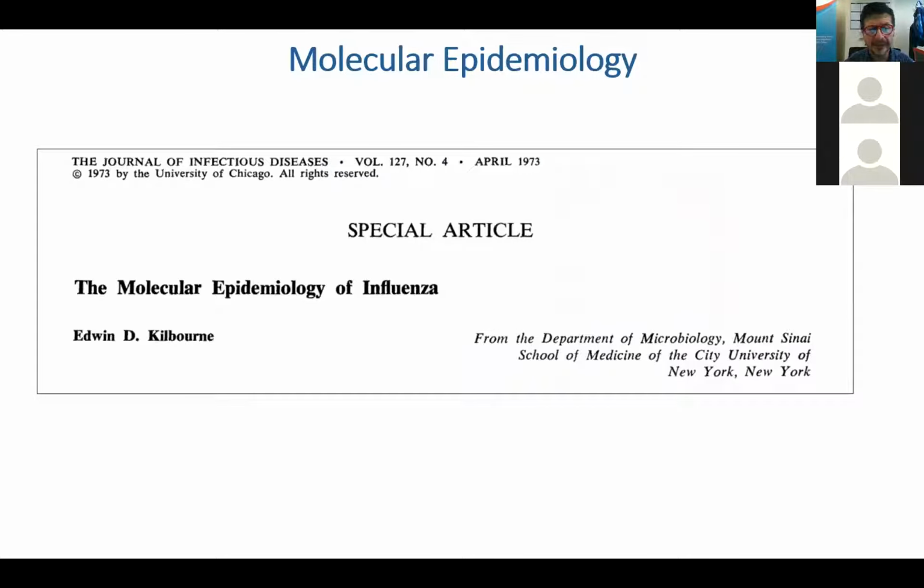And maybe if we reviewed the literature, we would probably find that the first people who spoke of molecular epidemiology would include people like Edwin Kilbourne, who already in 1973 introduced the concept of molecular epidemiology, in this case, to study influenza.